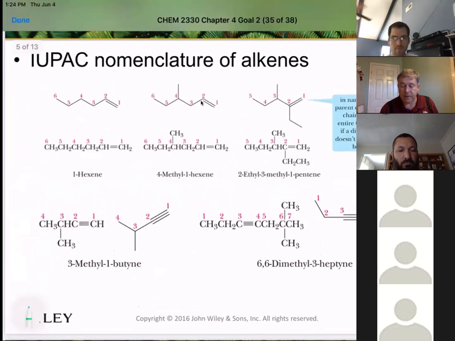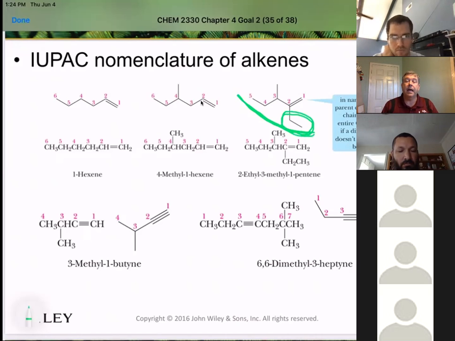Like in the case of here, we'd actually have one carbon longer in this chain if we did not have both of those carbons, but because we're naming it for the alkene with the En, we must include it, okay? So it becomes the parent, and the extra part of the chain here is now a substituent, okay?